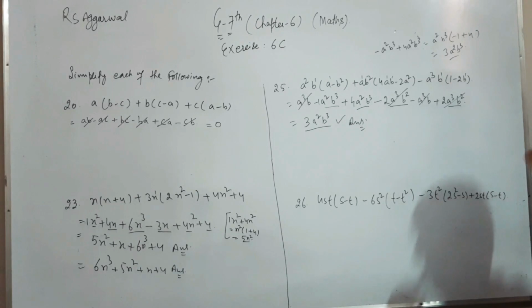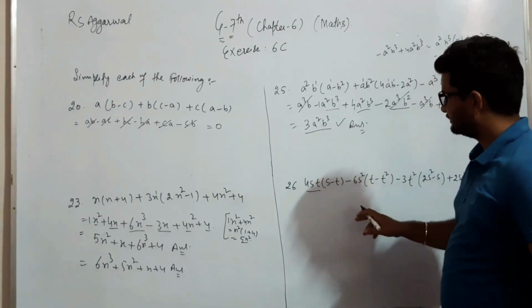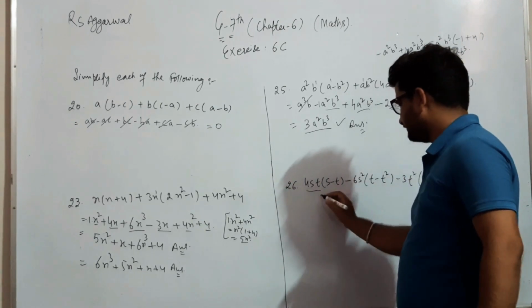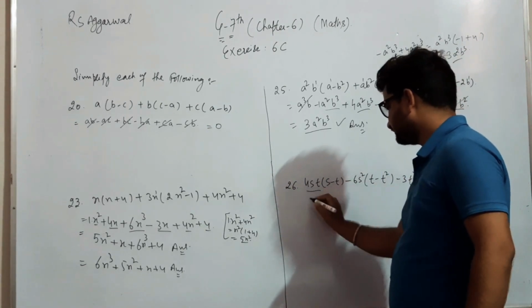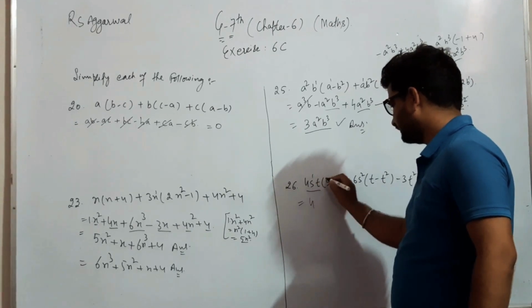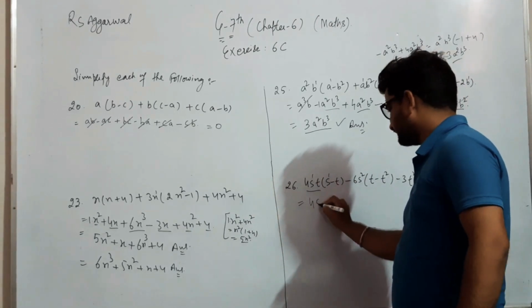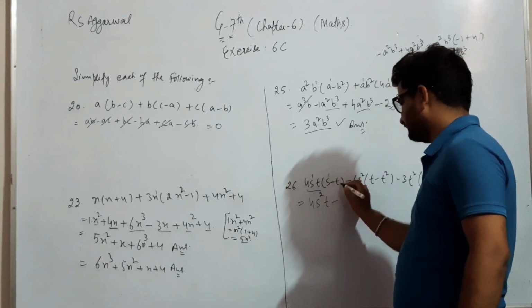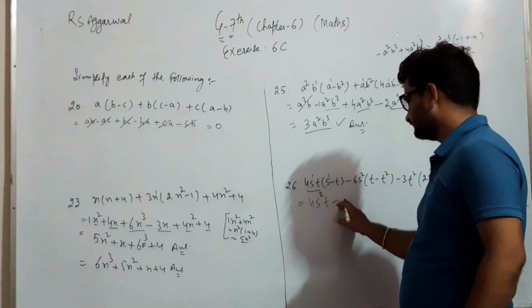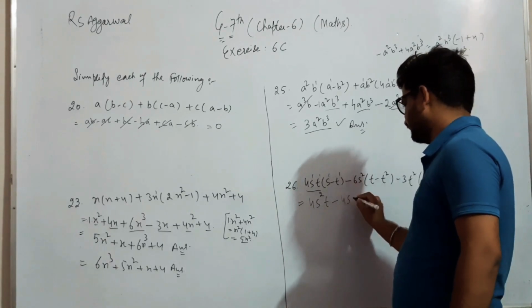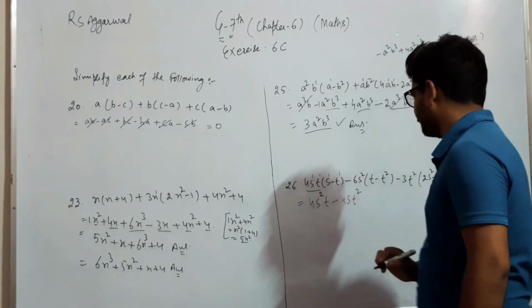Next we are doing question number 26, the last question of this exercise 6c. The question is 4st multiplied with (s minus t). So we write 4 here, s1 raised to power 1, s raised to power 1, so it is s raised to power 2 and t. And the next 4st multiplied with minus t: plus minus minus, then 4 s t1, multiplied with t, then t raised to power 2 here.